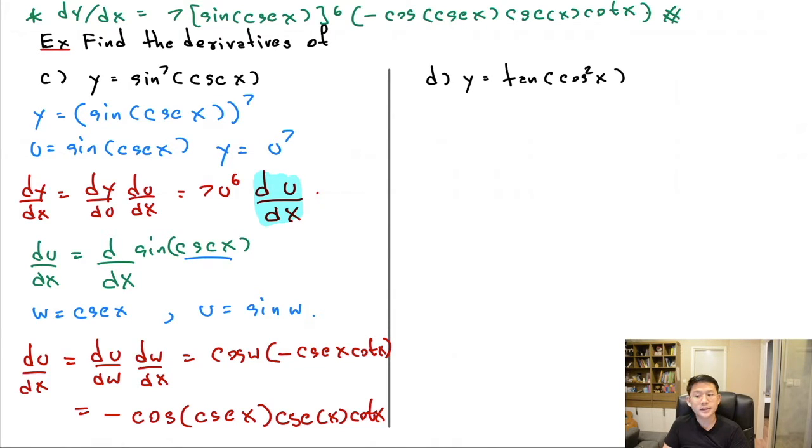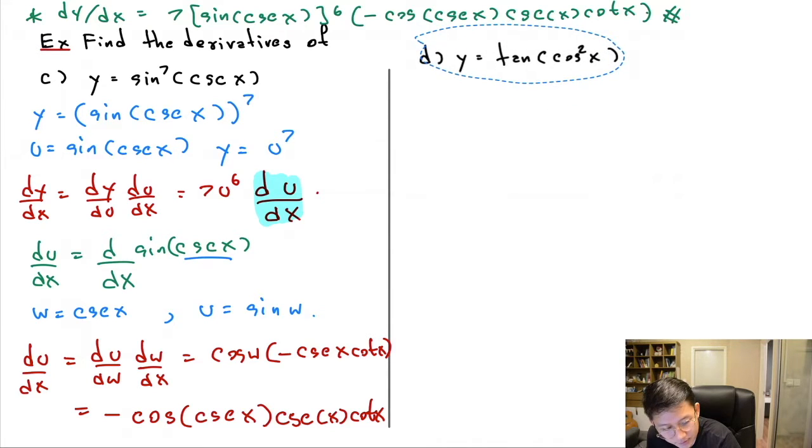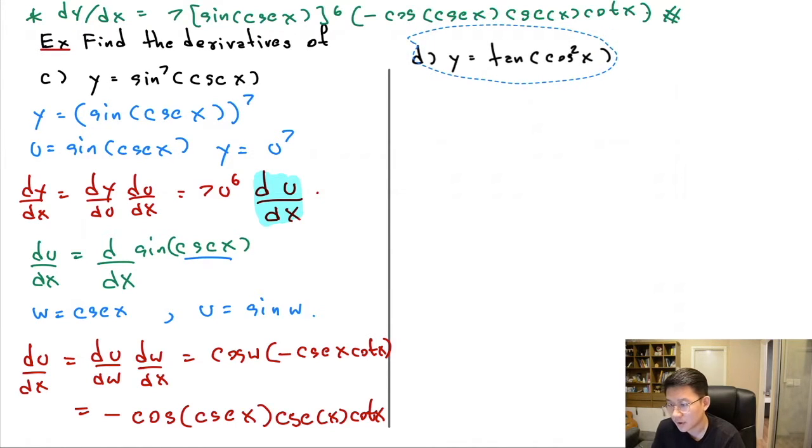Make sense? Okay, let's look at another example. I'll just push it up a bit so that I have more space to work with. So again, guys, as you can see, we can't differentiate tan of cos, right? Tan of cos, we don't know how to differentiate that.